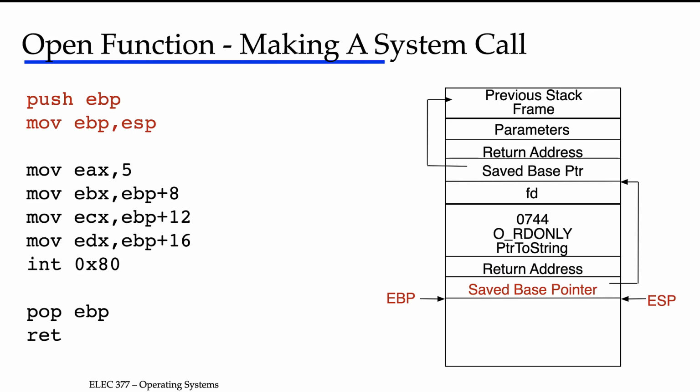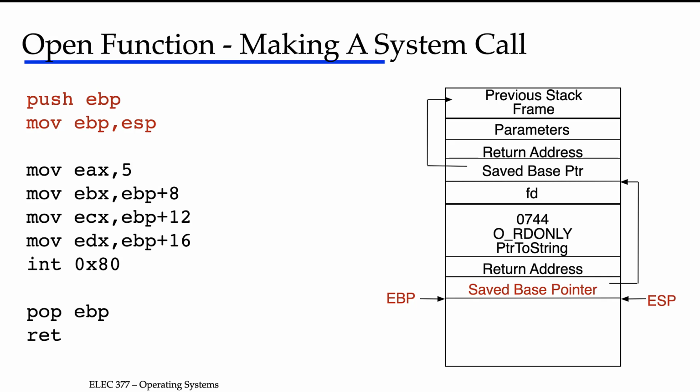Open also pushes the base pointer to create a minimal stack frame and moves the base pointer down there to make it easy to access the parameters. We don't allocate any local variables because this is a simple wrapper to a system call, so it doesn't need any local variables.